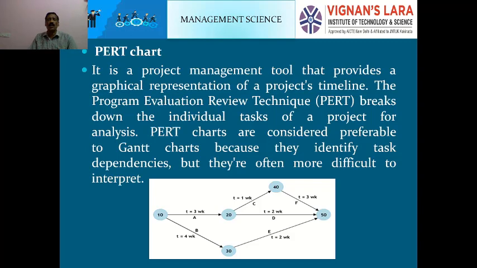The program evaluation review technique breaks down the individual tasks of a project for analysis. PERT charts are considered preferable to Gantt charts because they identify task dependencies, but they are often more difficult to interpret. PERT charts are useful.